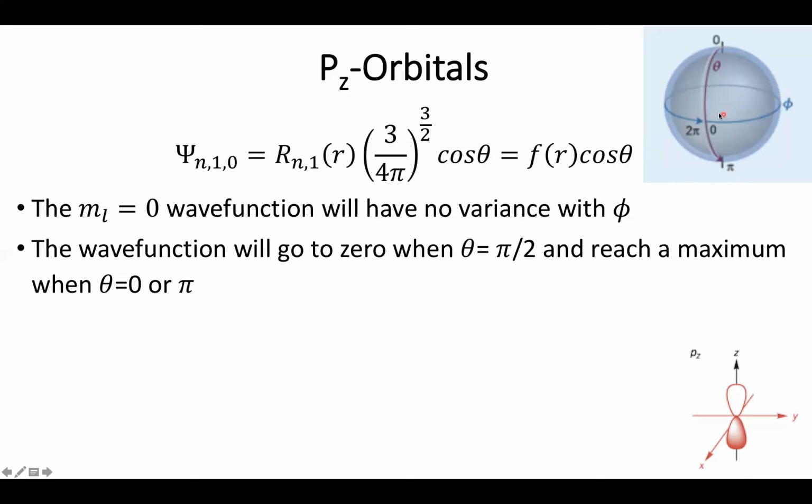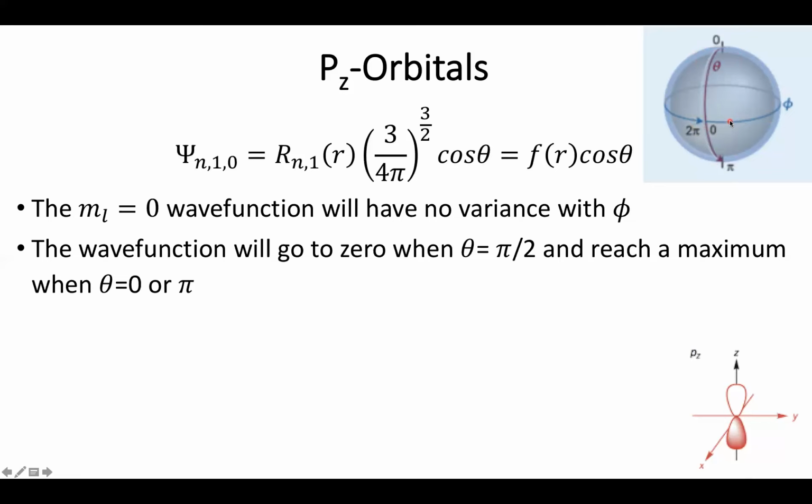This means that my system has essentially an angular node going straight through the middle in the xy plane. My maximum probability density, or square of the wave function, will occur at the top and the bottom, essentially when I'm along the z axis, as far away from the xy plane as possible.